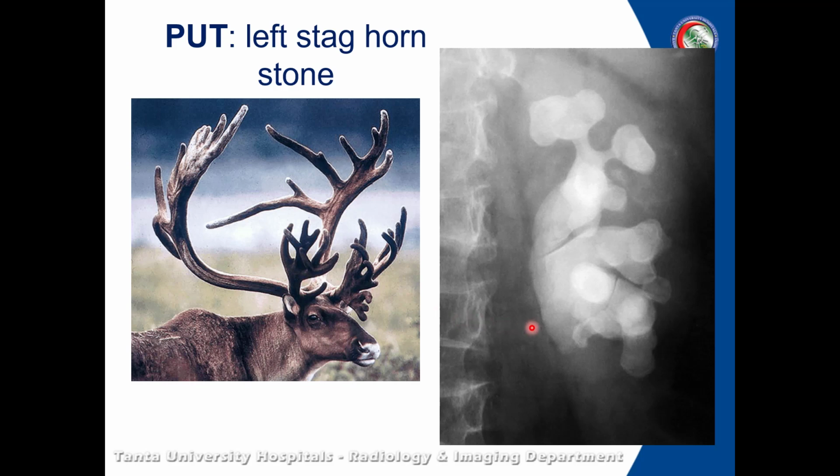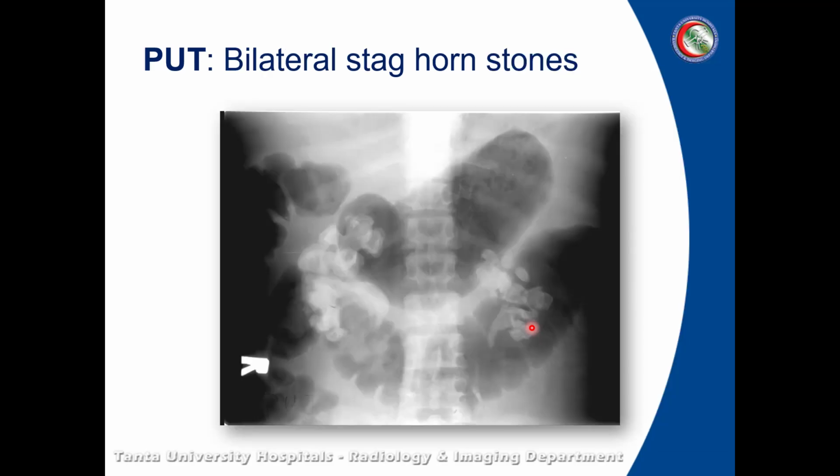This is a picture of PUT, no contrast here. This is not contrast, this is a large stone, showing left staghorn stone. Another PUT showing bilateral large staghorn stones. This is not an IVU or contrast study, this is PUT.